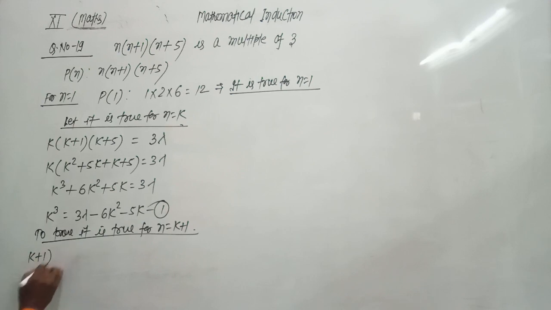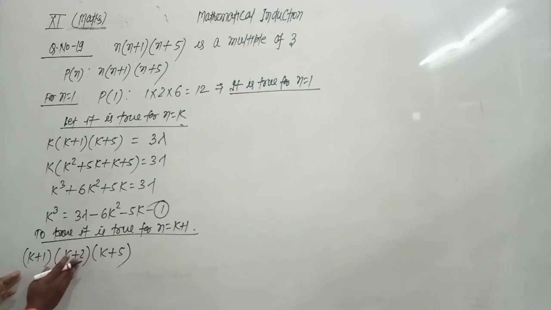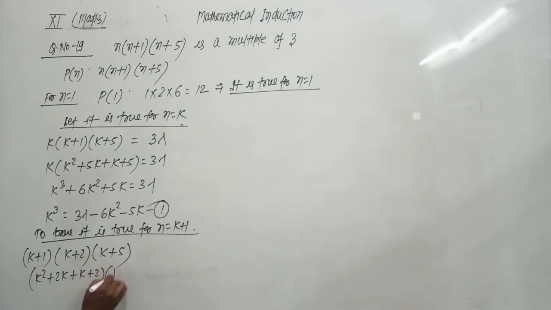So k plus 1 into k plus 2 into k plus 5. And solve this by multiplying the corresponding terms. So k square plus 2k plus k plus 2 multiplied by k plus 5.